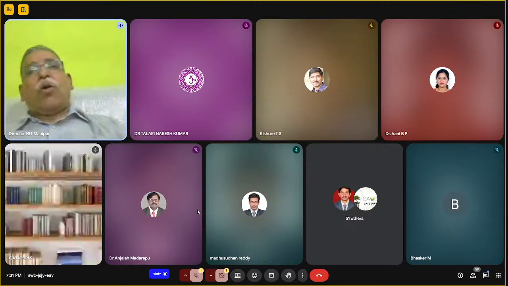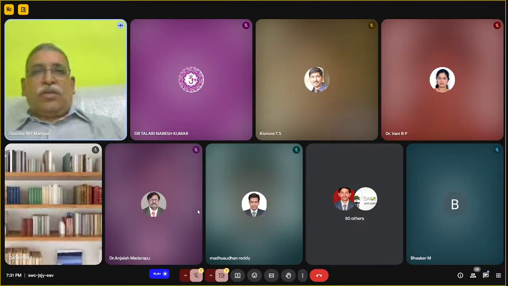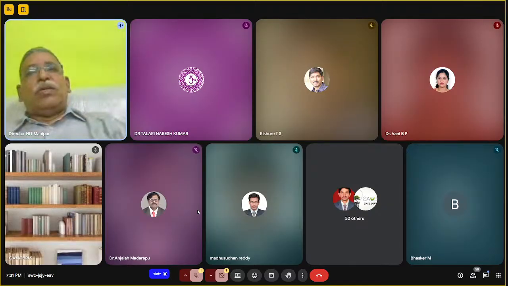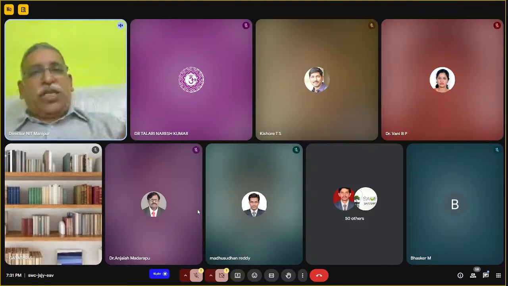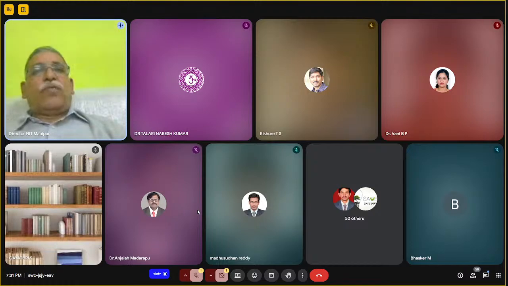Now I have to make a count. How many professors are there? How many associate professors? How many assistant professors? So what I am doing is summarizing my 80 rows of data into 3 rows with the designation, the cadre, and the total count.